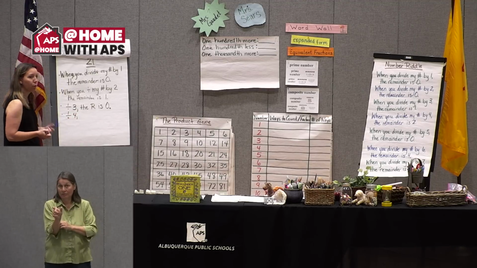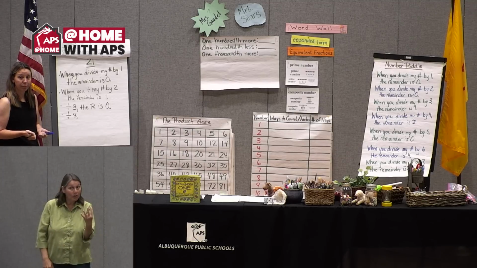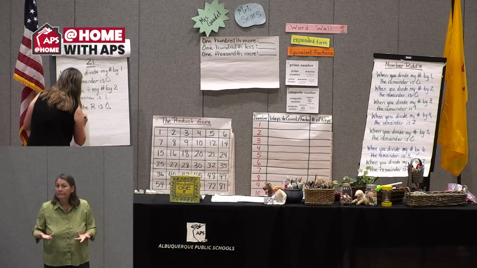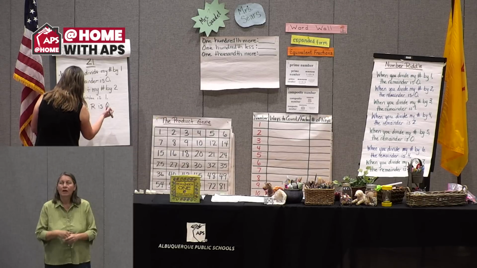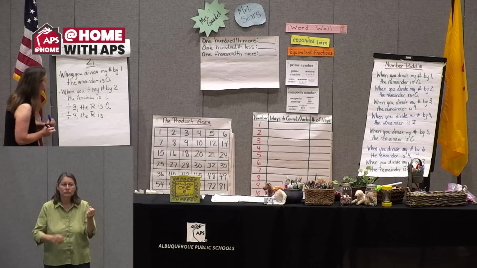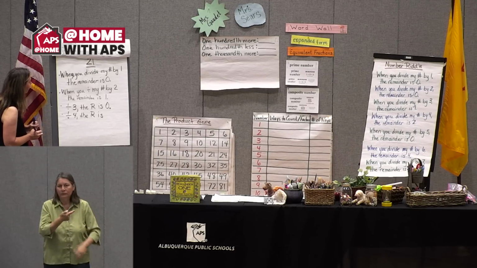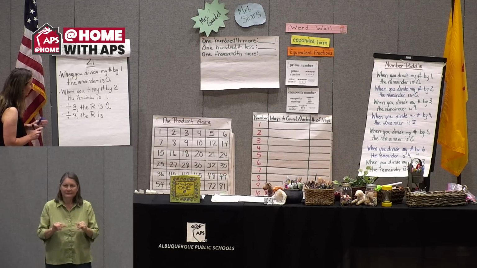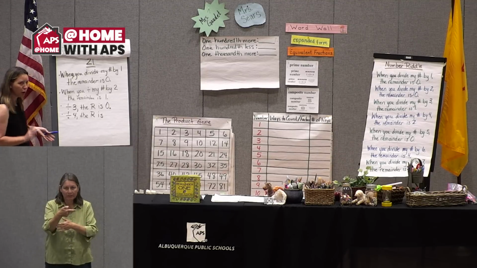So what if we divided the number by 4? What would the remainder be? All right, I know that 4 times 3 is 12. Nope, that's not close to 21. 4 times 4 is 16. Okay, that's still not close enough. 4 times 5 is 20.